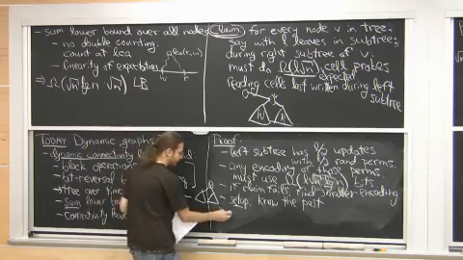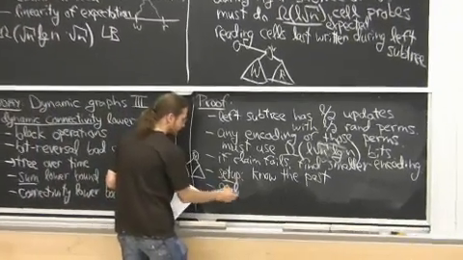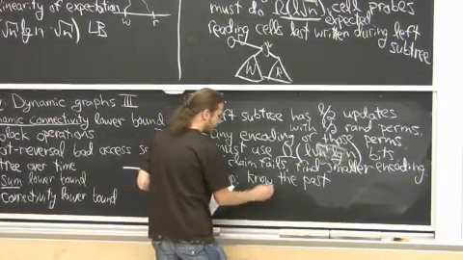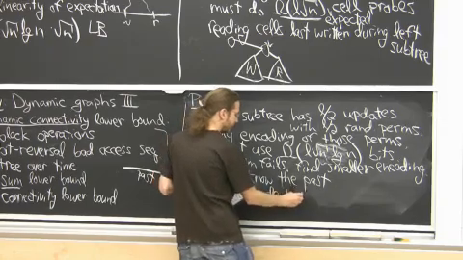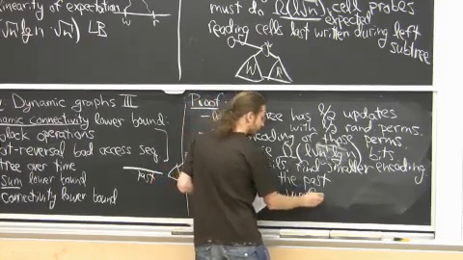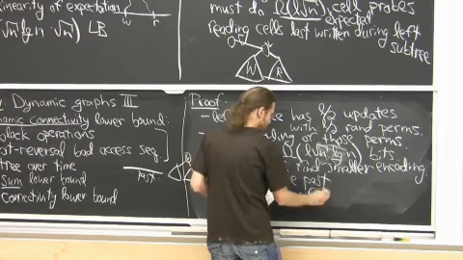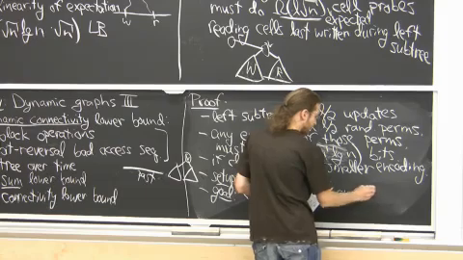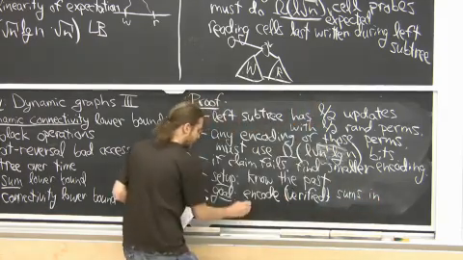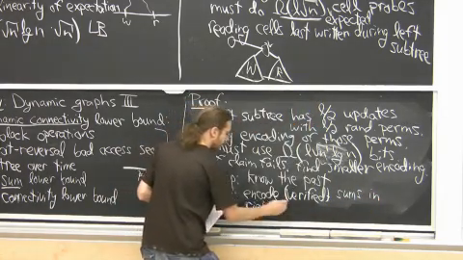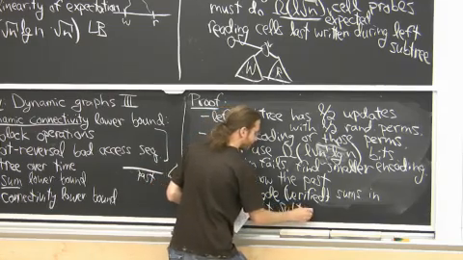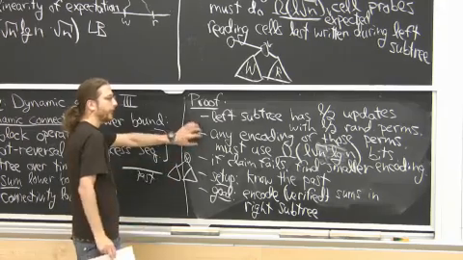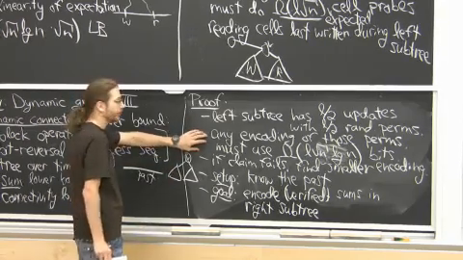Okay, so then our goal is to encode. This is a little bit different from this goal. What we really want to do is encode the update permutations on the left.